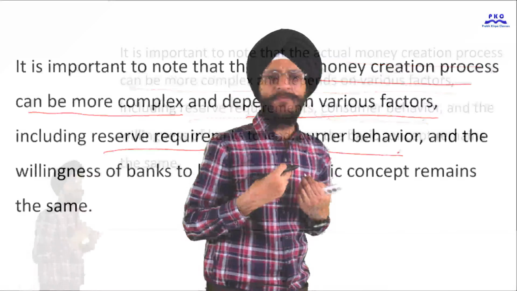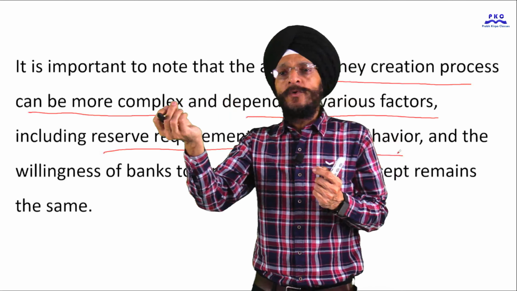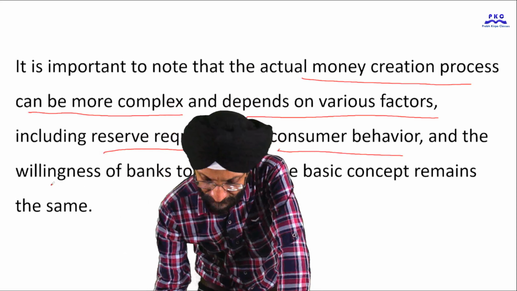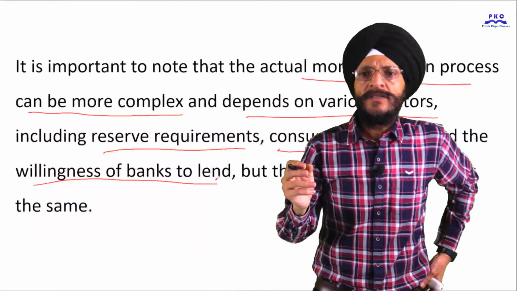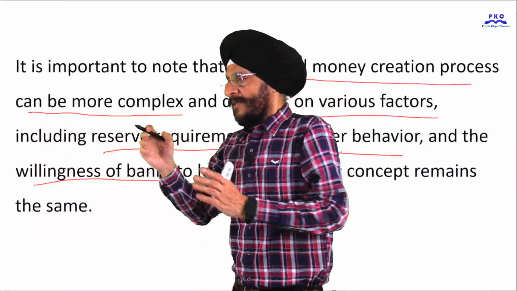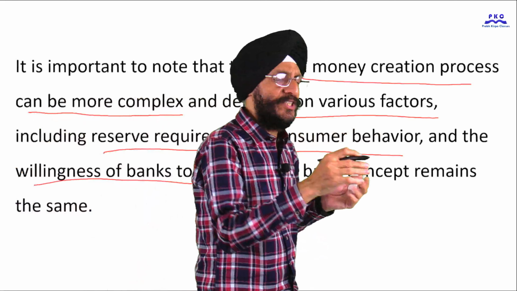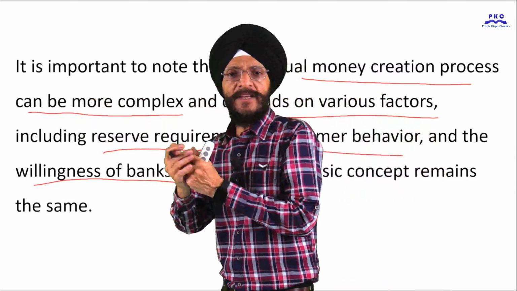If the customers do not want to borrow, then to whom will the bank give a loan? And it depends on the willingness of the banks to lend. If the banks think that the customers may not return the money, or the market situation is not proper, they may not get the money back.